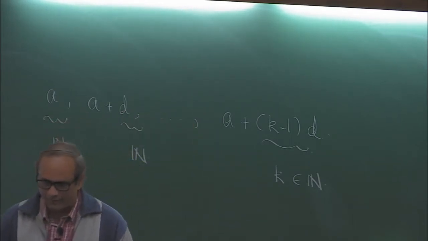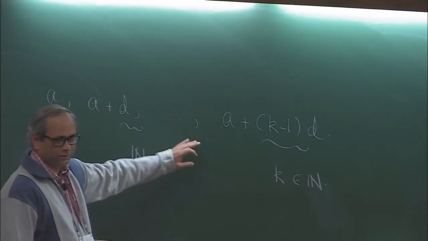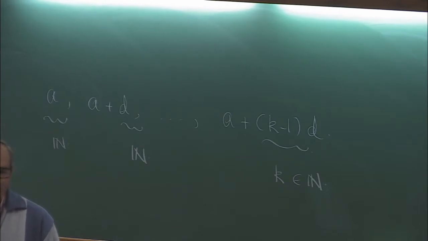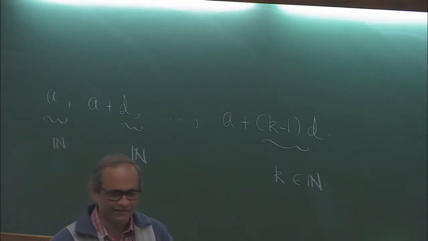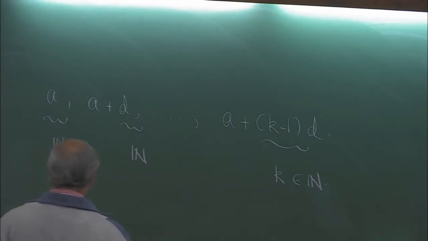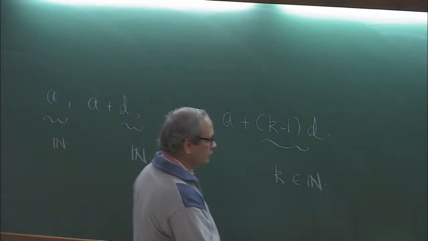In fact, normally k is greater than or equal to 3. To consider non-trivial APs, you need at least 3 terms. And this is what I mean when I speak of an arithmetic progression. Of course everybody knows this definition. It's simply to make sure that there is no confusion later.